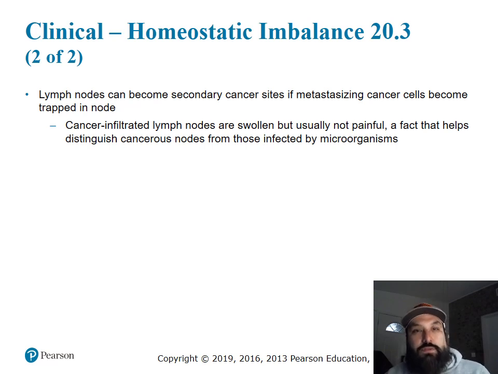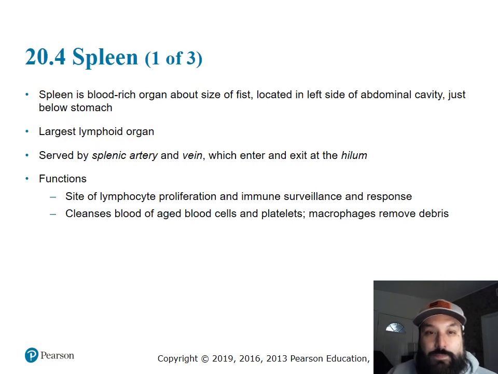So for those out there who are getting scared about what you hear in this class, not to be scared, but that can be a sign of cancer that's metastasizing, spreading via the lymph nodes to other places of the body. That's one of the signs that we see in cases of cancer where it's spreading. We see the inflammation of the lymph nodes.